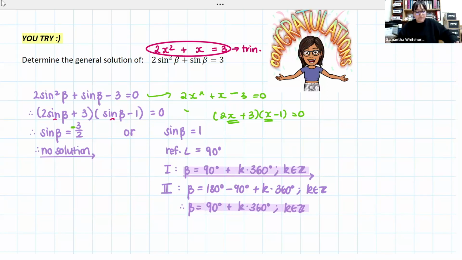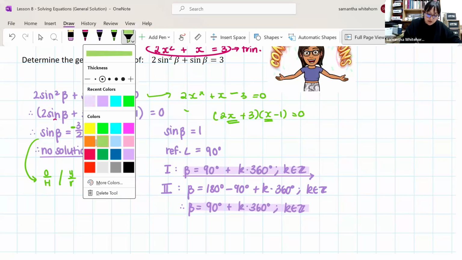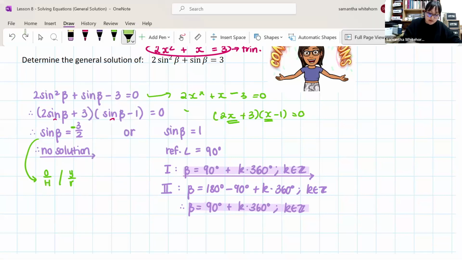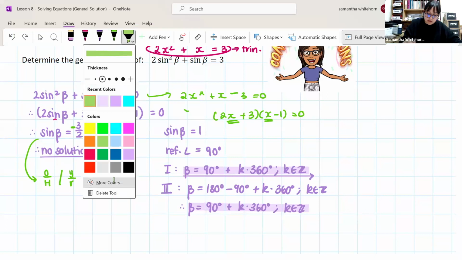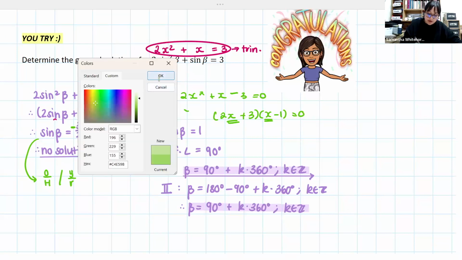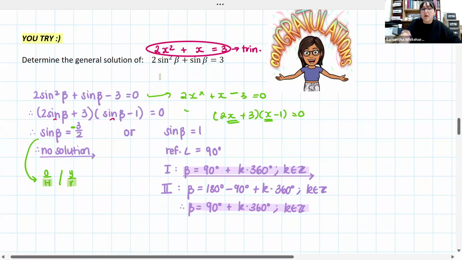Now, the reason that gives you no solution is because sine, if you think of it in a triangle, is opposite over hypotenuse. If you think of it on a Cartesian plane, it's y over r. In both cases, h and r are the longer sides.